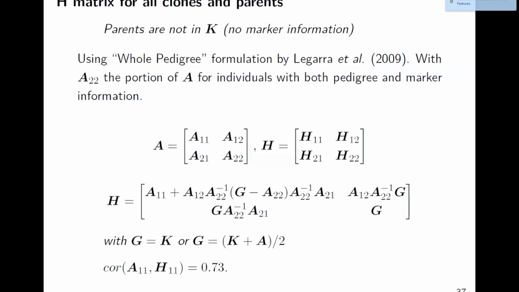And just as a comparison, when I correlated the pedigree matrix to the H matrix only on the set of clones that don't have marker information, we get a correlation of 0.73. If you remember before, we had a correlation of 0.63. So they're still not super highly correlated, and this kind of shows how one information pushed the other.